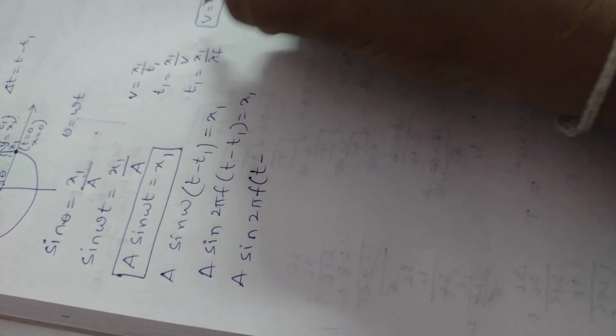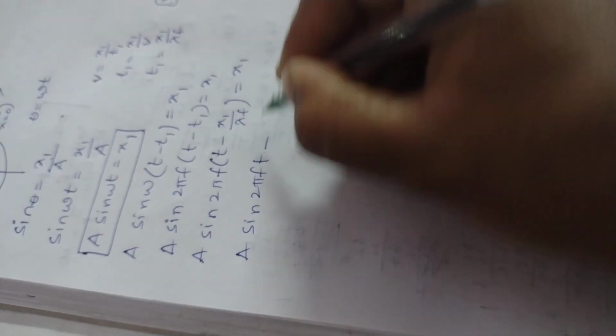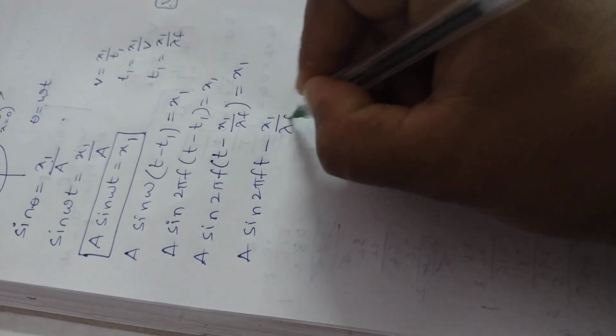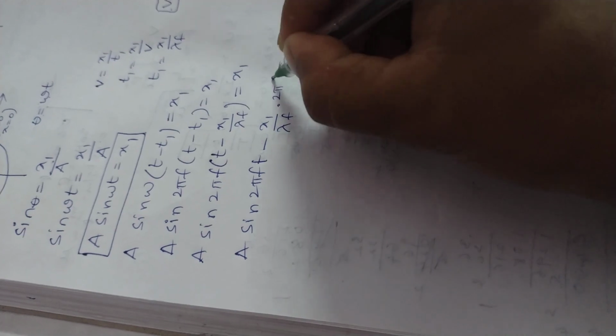Let me write t1 equals x1 by v, and we know that v equals lambda f. In the place of v, let me write lambda f. So t1 equals x1 by lambda f, and x1 equals A sin 2 pi f (t minus x1 by lambda f).